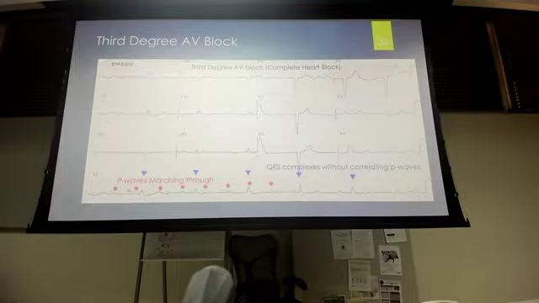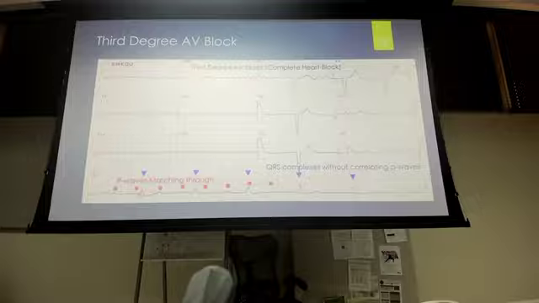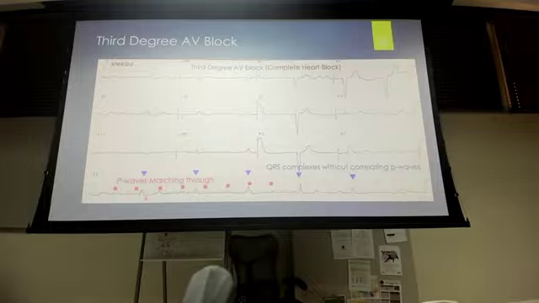For third degree block, there's no way you can look at this and say that would even come close to it. You could say this is a PR, maybe a really short PR interval there, but if you come over here, it's not just progressive, it's significantly longer. Your P waves should be marching out in third degree, and it doesn't necessarily march out when you're talking about Wenckebach.